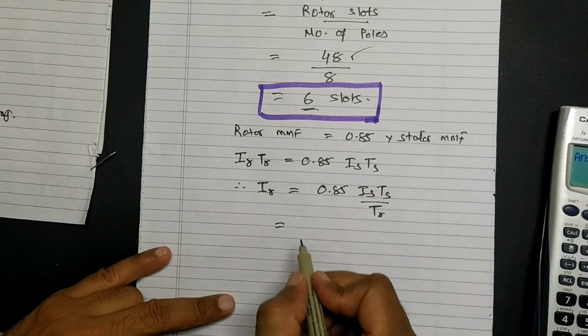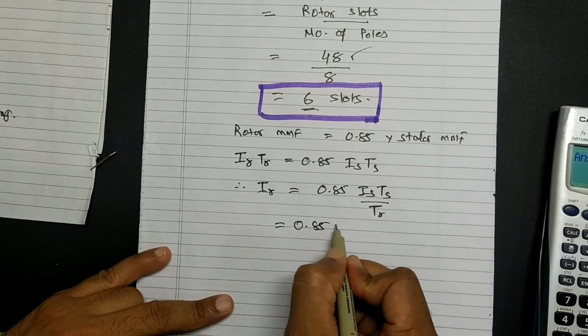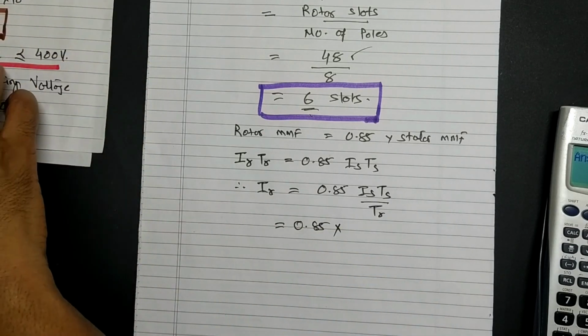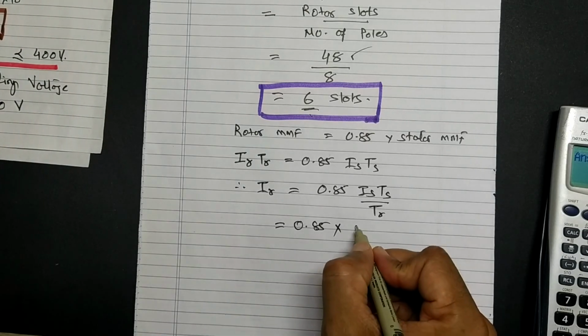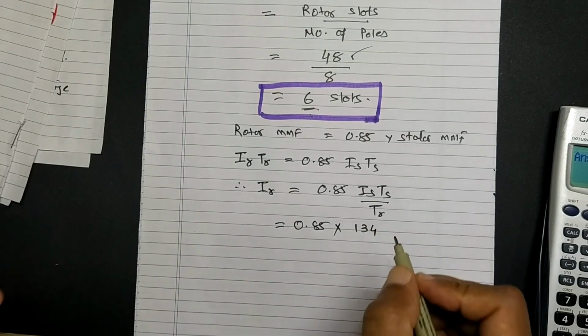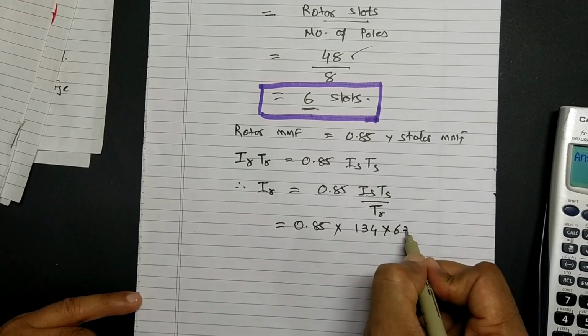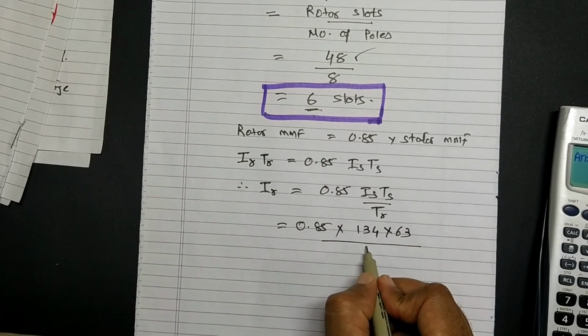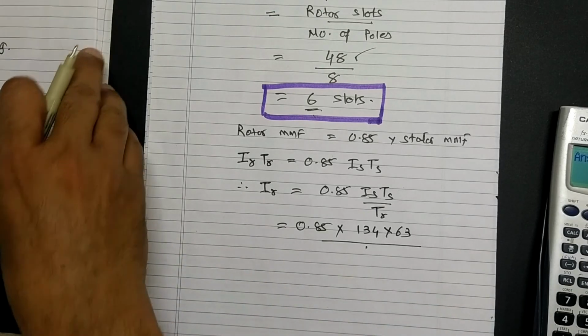We substitute all the values: 0.85, stator current we have calculated as 134 ampere, stator turns 63, and rotor turns 48.